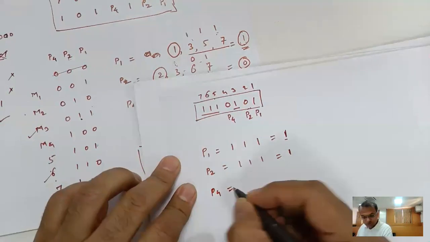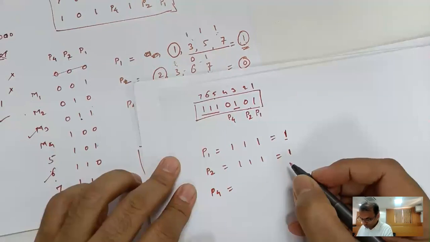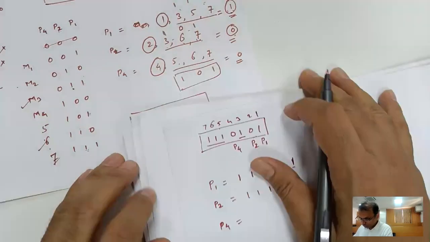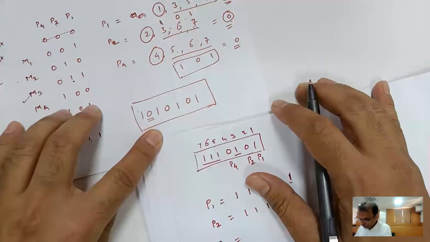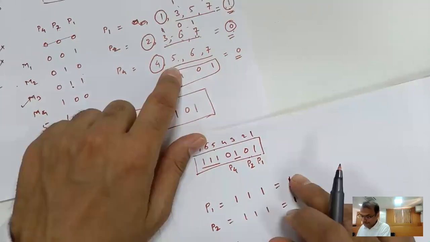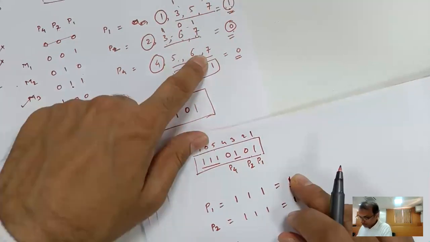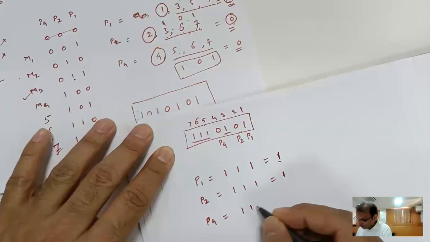Okay. Now for P4, what is the value you are getting? For P4, bits 5, 6, 7. What are the 5, 6, 7? Again, these are 1, 1, 1. Okay.